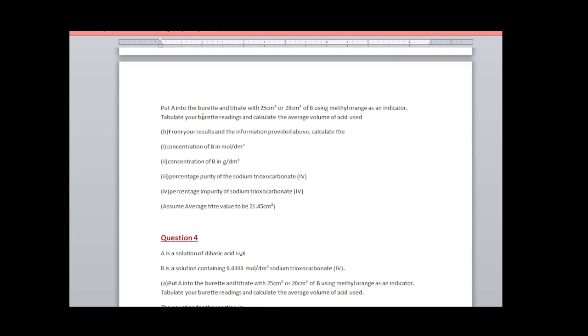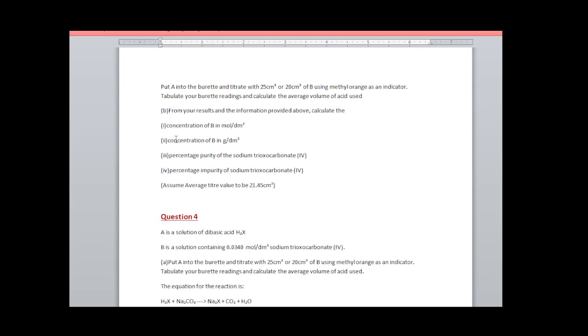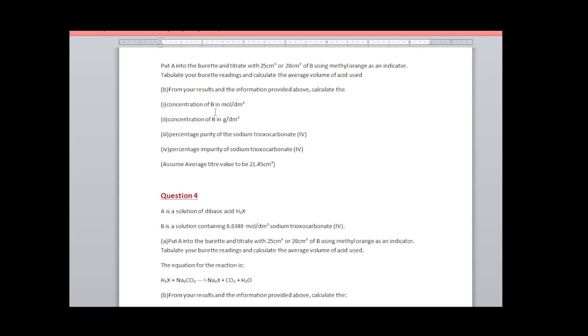Now put A into a burette and titrate 25 cm cube of B using methyl orange as indicator. Tabulate your reading. You are now asked to calculate the concentration of B in moles per dm cube, the concentration of B in grams per dm cube, the percentage purity of sodium trioxocarbonate, then the percentage impurity.